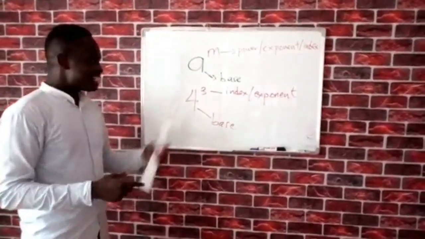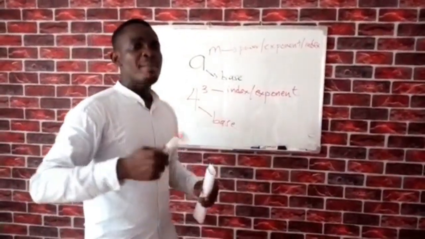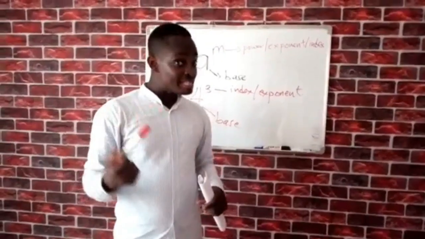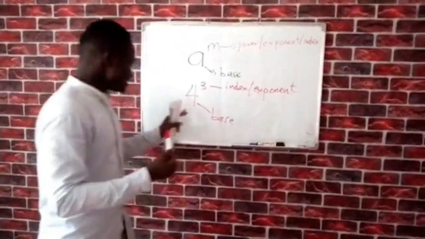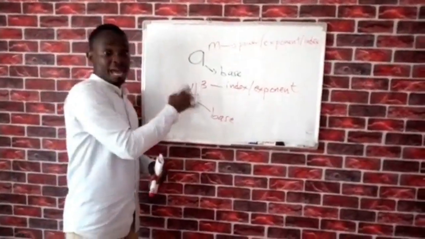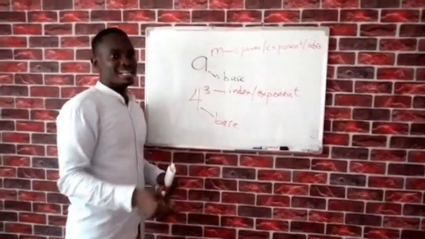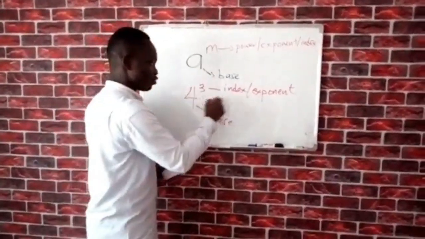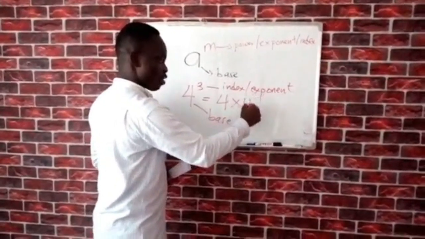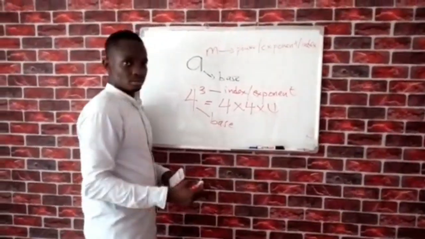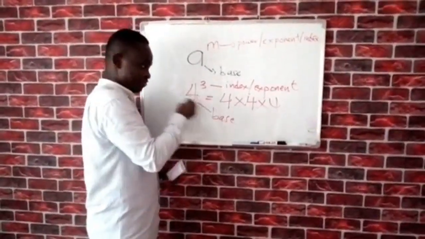Are you getting me? It's telling us how many times we should multiply the base by itself. So this means that we should multiply the base 3 times by itself, which is equal to 4 times 4 times 4. This is the meaning of this.